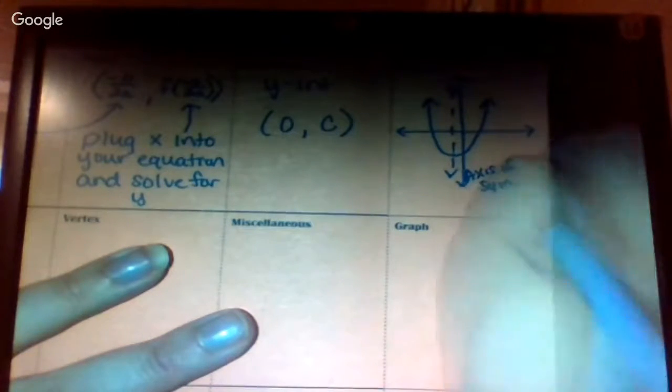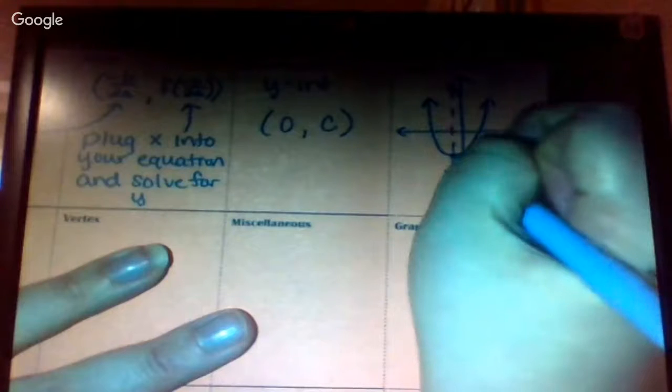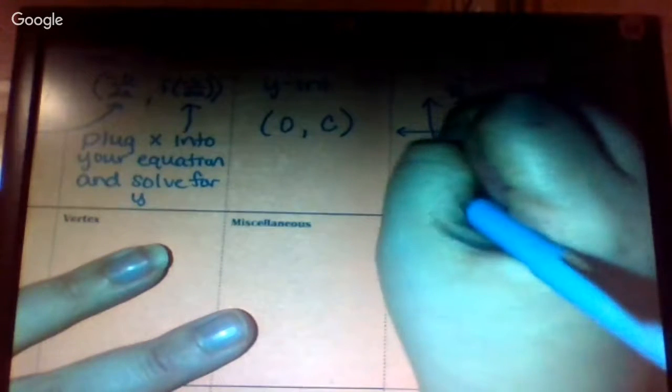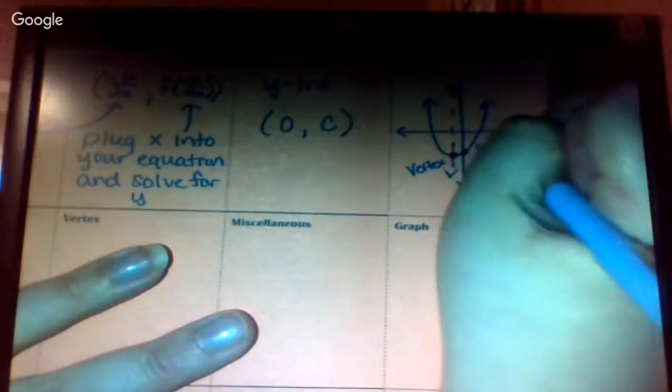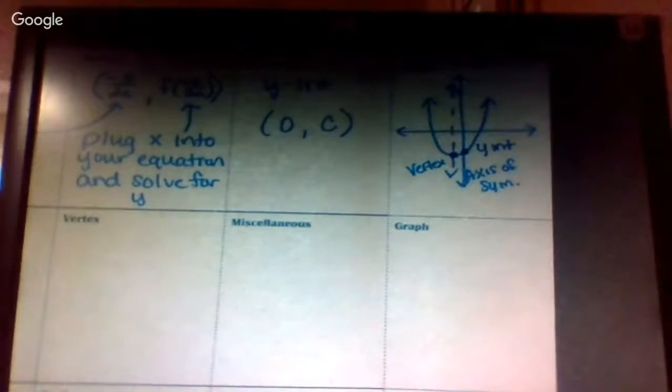You will get your vertex, and you will get your y-intercept. Those are the three easiest things to get from standard form.